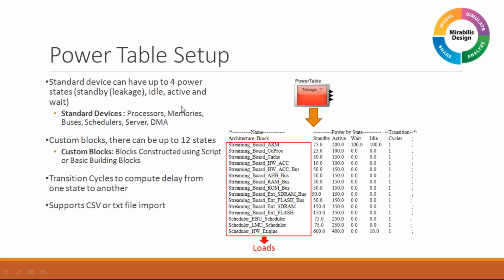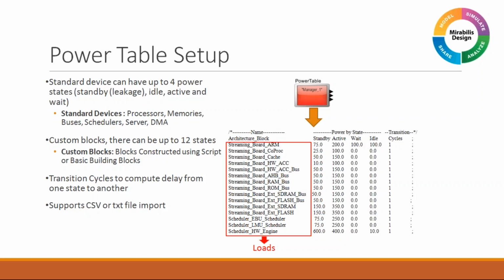The standard devices support up to 4 power states, including standby state, idle state, active state, and wait state. When we say standard devices, these are processors, memories, buses, schedulers, servers, and DMA. Then there are custom blocks, the blocks that you construct for modeling your custom requirements.